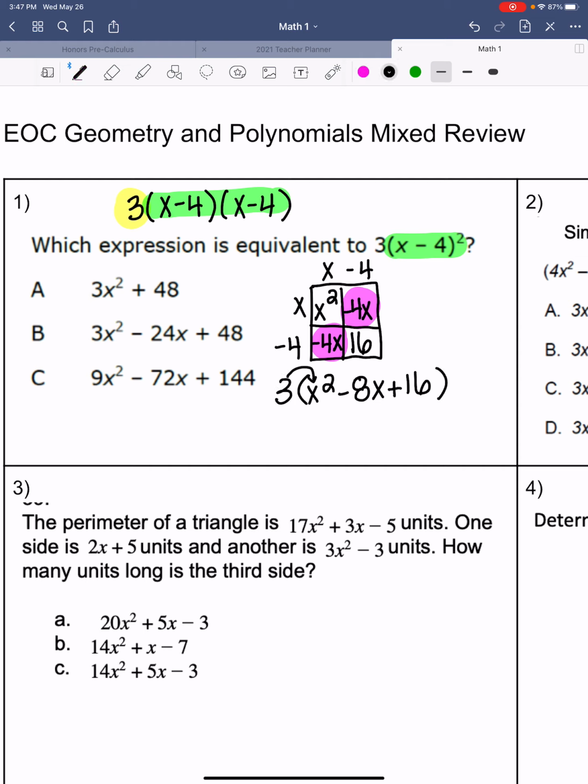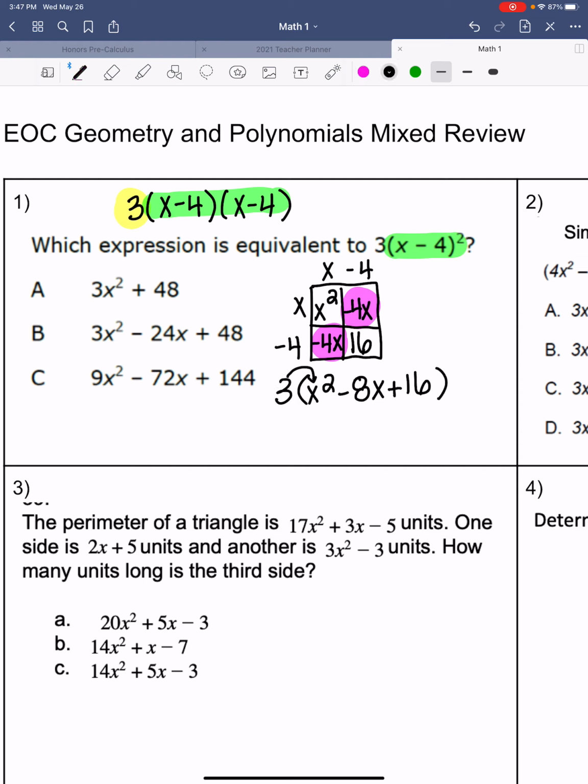So we have 2x plus 5 plus 3x squared minus 3. All right, so we only have one set of like terms here, and that's going to be the 5 and the negative 3. So this is going to be 3x squared plus 2x, and then 5 and negative 3 is going to be plus 2. So again, that is the sum of the 2 sides together.